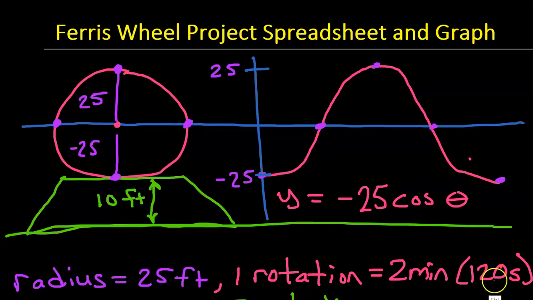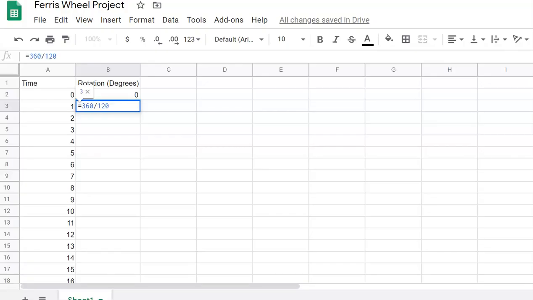So in 120 seconds, I will rotate 360 degrees. So if I divide 360 by the total time, that's going to tell me how many degrees I will go in 1 second.